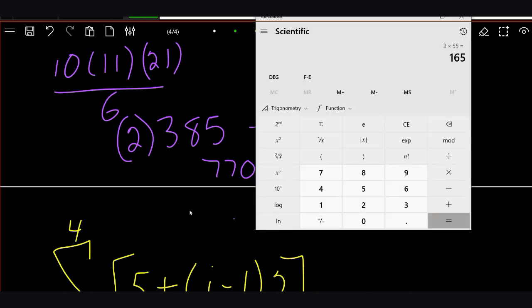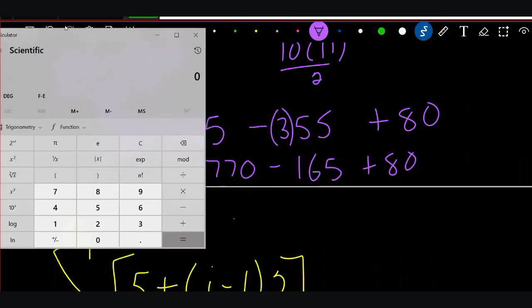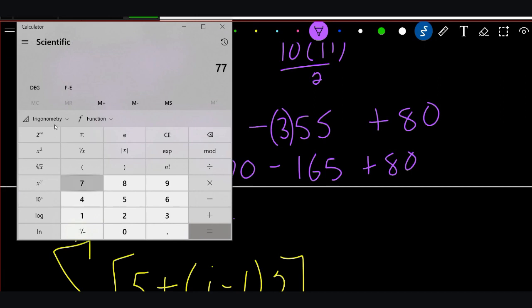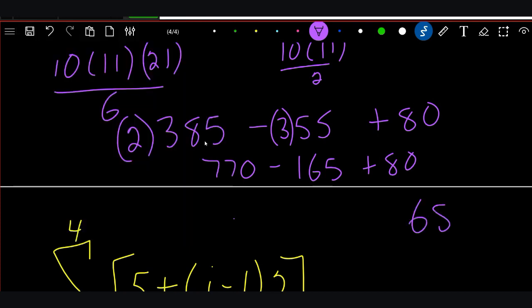So now I just come back and subtract it out and add, and I would get 770 minus 165 plus 80 equals 685. 685 is my answer. And it's right there on page 459, and we did get the correct answer.